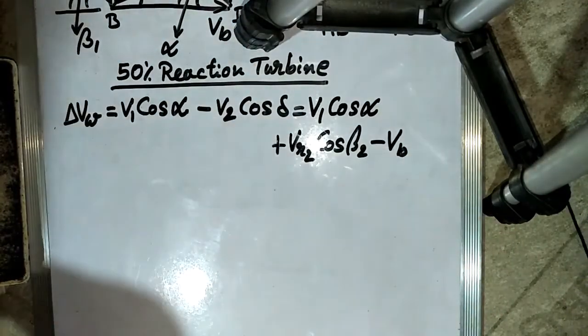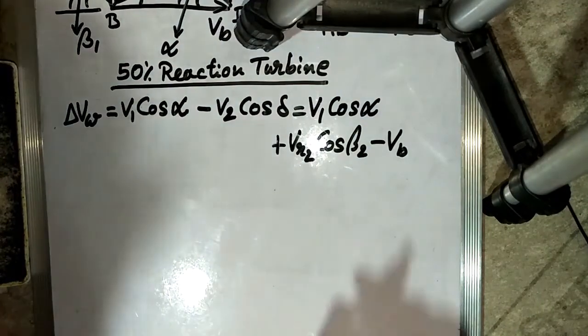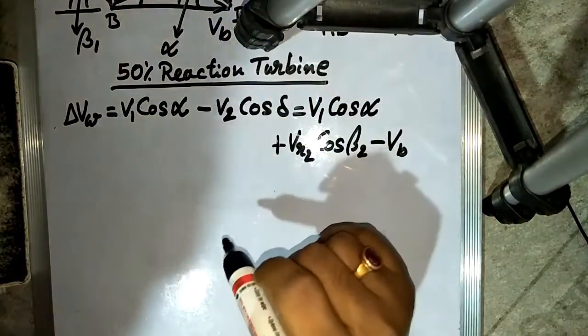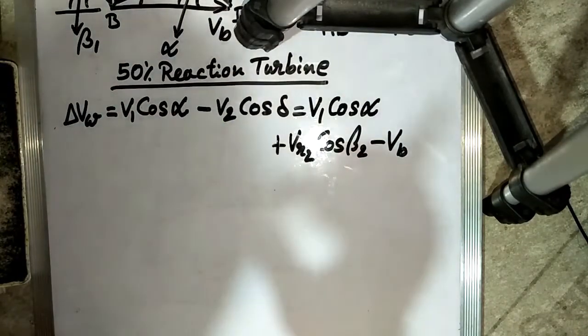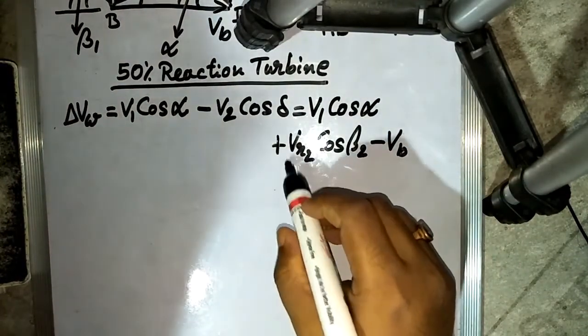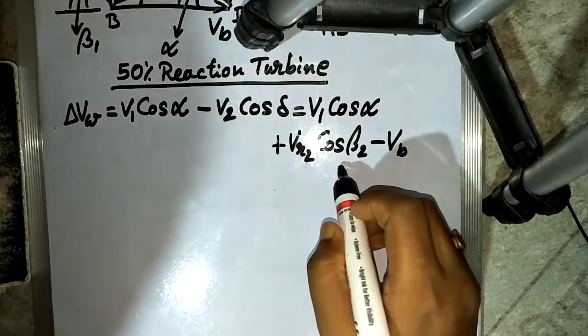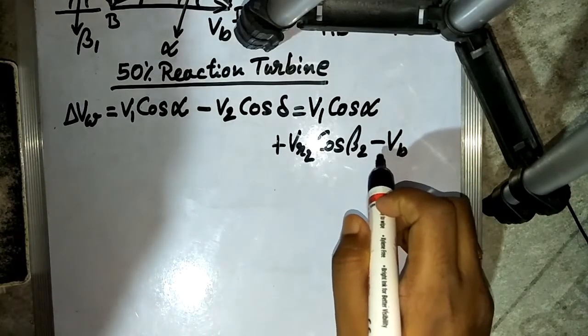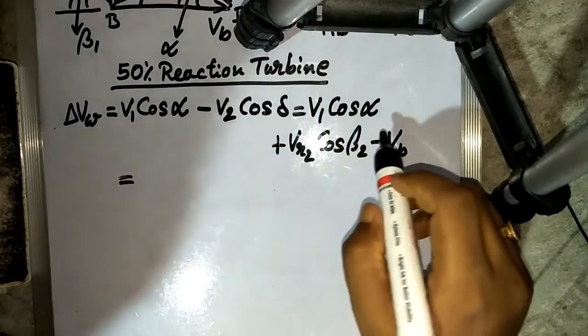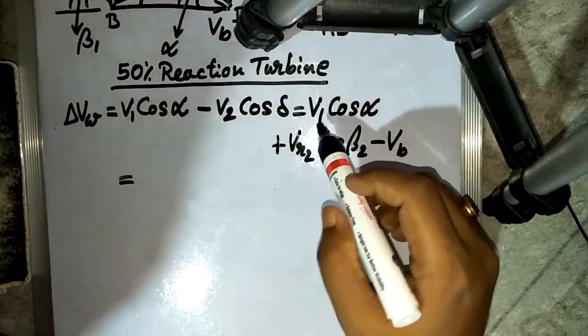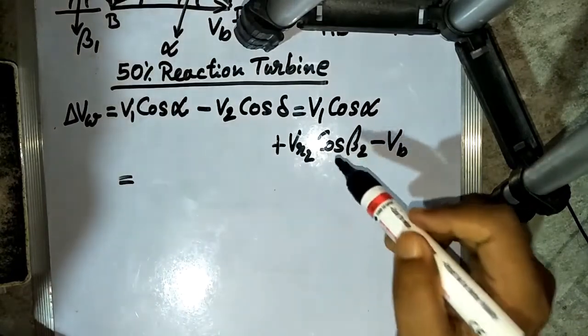Because we have already written that beta 1 is equal to 180 minus delta, we can write VR2 cos beta 2 minus Vb. And we know that alpha equals beta 2 and V1 equals VR2 from the geometry.